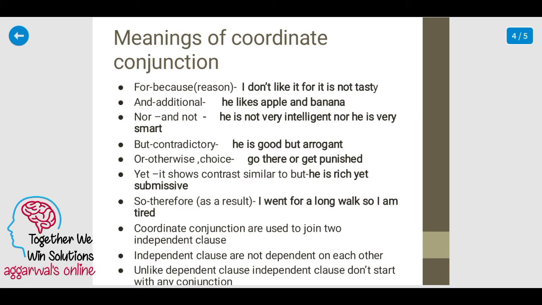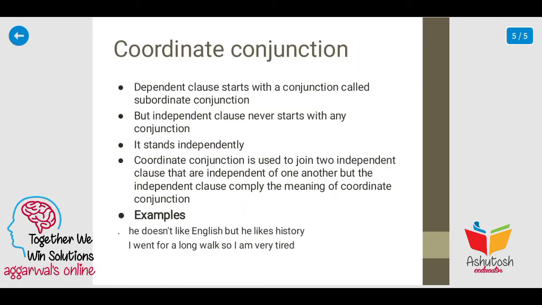See, a coordinate conjunction is always used to join two independent clauses, but those independent clauses never start with a coordinate conjunction. Unlike the dependent clause, an independent clause never starts with a coordinate conjunction. Dependent clauses start with a conjunction called a subordinate conjunction, but an independent clause never starts with any conjunction.